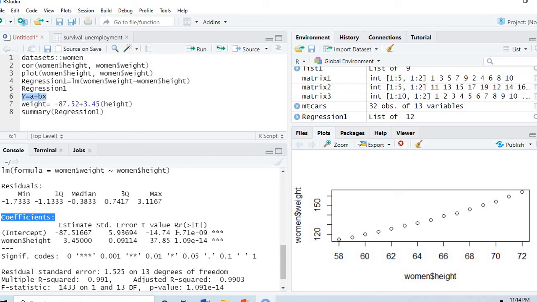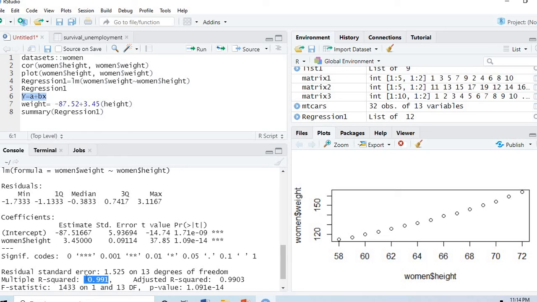The probabilistic value, in short, is called the p-value. So if the p-value is less than 0.05 in your model, you can say that your independent vector significantly affects your dependent vector. And the last one is your multiple R-squared value. This is 0.99. If you multiply 0.99 by 100, this is 99%.